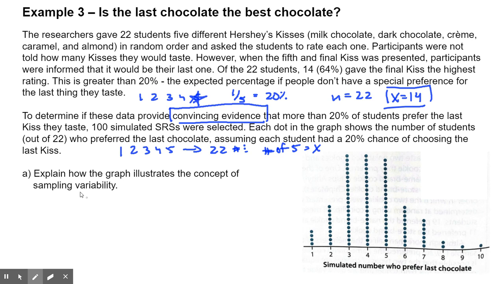So part A: explain how the graph illustrates the concept of sampling variability. This is just a very plain Jane answer.